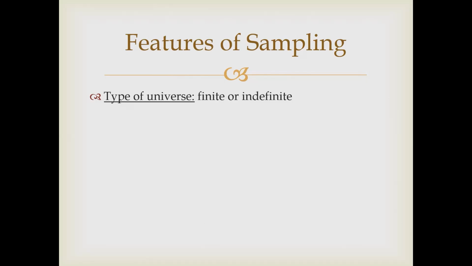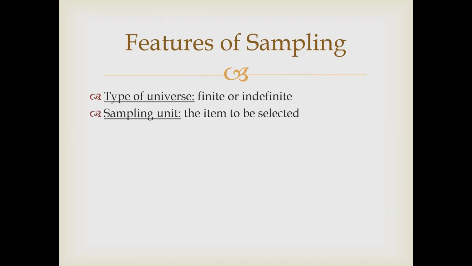We do not know. So that is indefinite. In some cases, the size of the population may be known very clearly. Then it is called finite. So when the size of the universe is known, it is called finite. When the size of the universe is unknown, it is called an indefinite population.